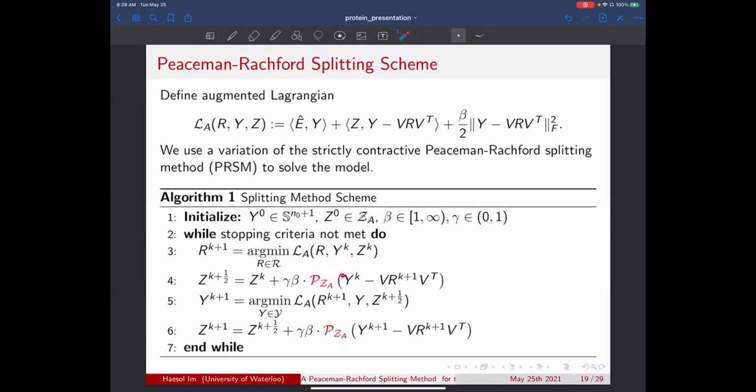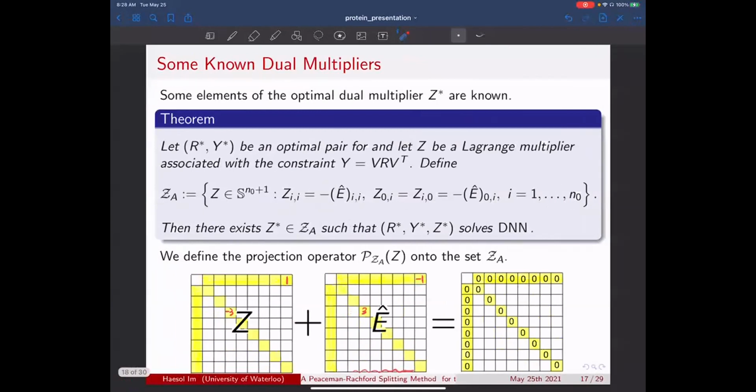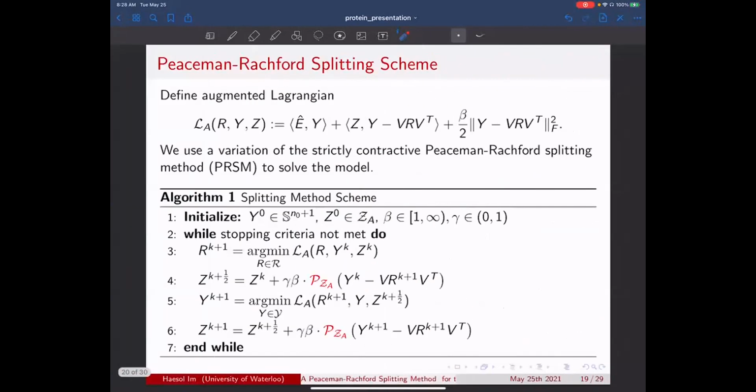Whenever we have this matrix here and we hit this dual update, it sets the arrow positions of this part of the matrix to be the minus of the E hat that we saw earlier. So I bring this in and automatically set those entries to be the negative of this data matrix E hat. And we can still show that it converges.